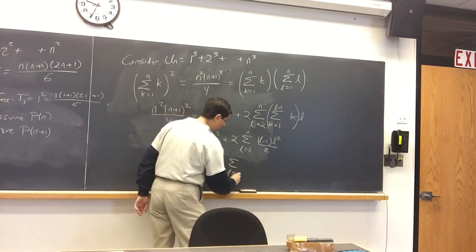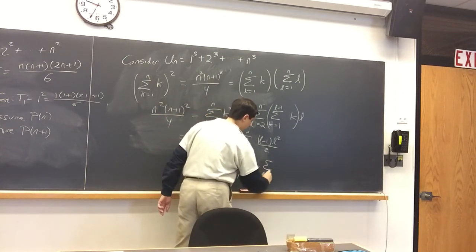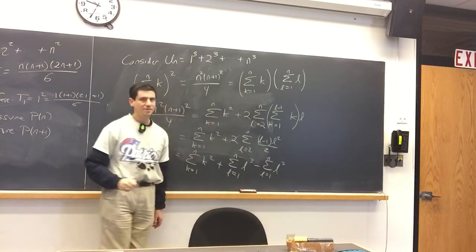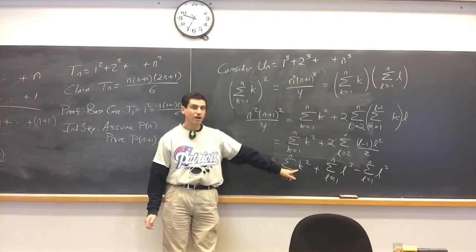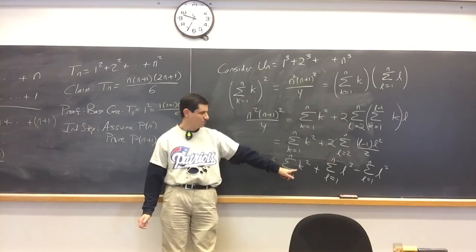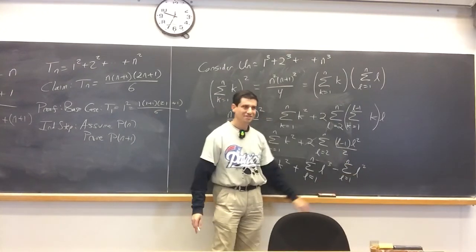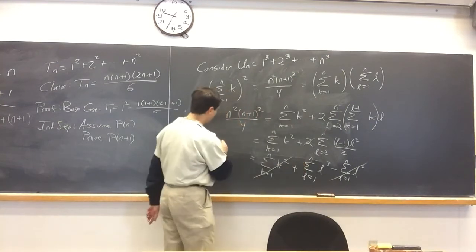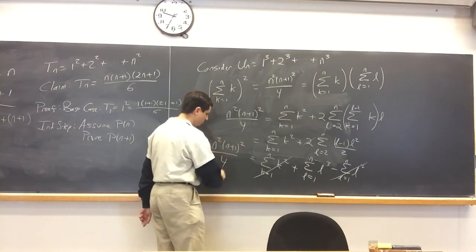So I have L goes from 1 to n of L cubed minus the sum, L goes from 1 to n of L squared. Now what's really nice is we don't actually need the value of the sum of k squared, because it perfectly cancels with this. So these drop out, and the sum of the cubes is just n squared, n plus 1 squared, over 4.